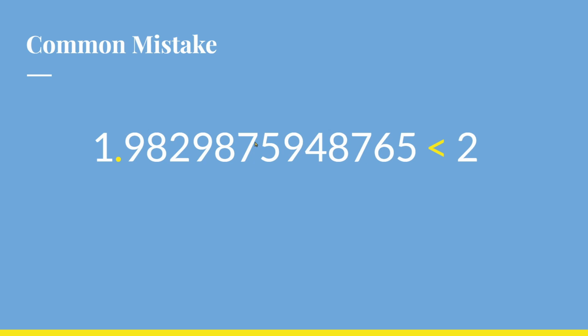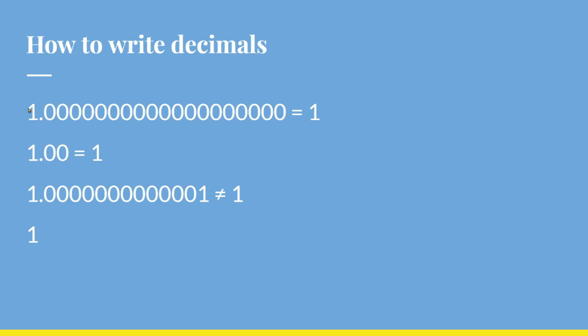So how do we write decimals? 1.00000, we're going to write it all the way out, all the zeros, equals 1, because there's no other number here that we can see or that we were given, so we just assume that it is equal to 1, which it is.